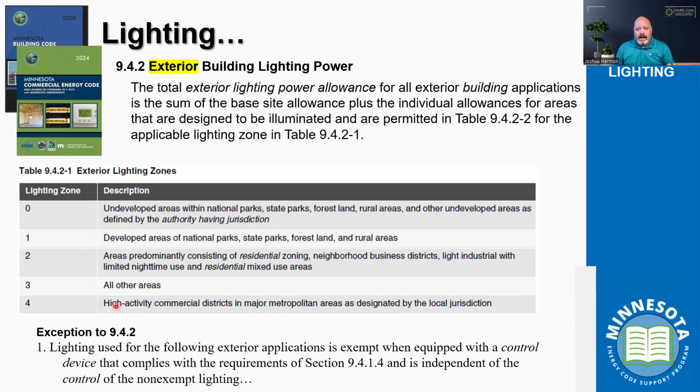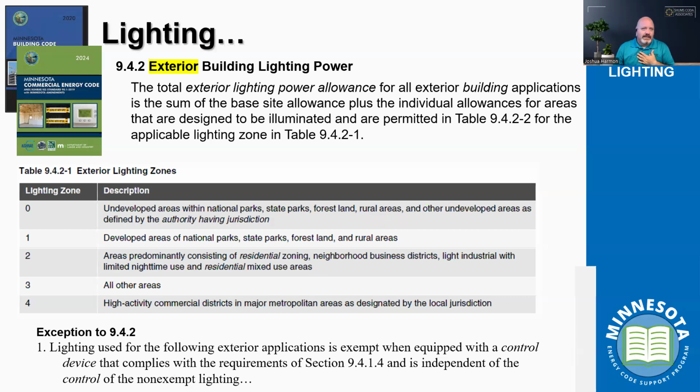Am I in a high activity commercial zone, or am I in an undeveloped area out in the rural areas? It's developed or undeveloped. And that's going to change how much energy we're going to assign to exterior building lighting, right?